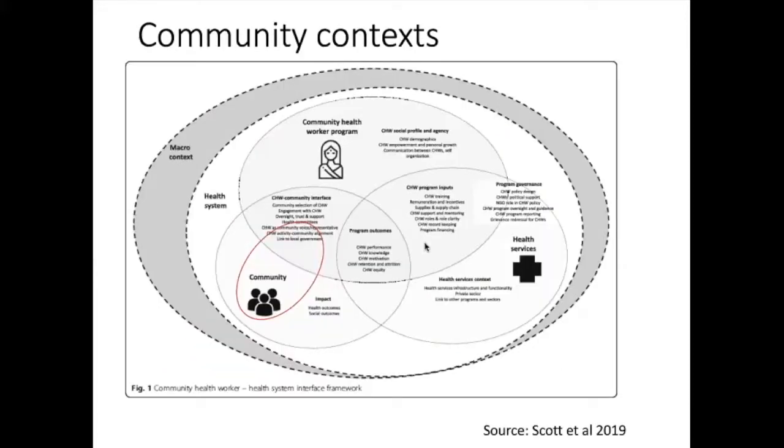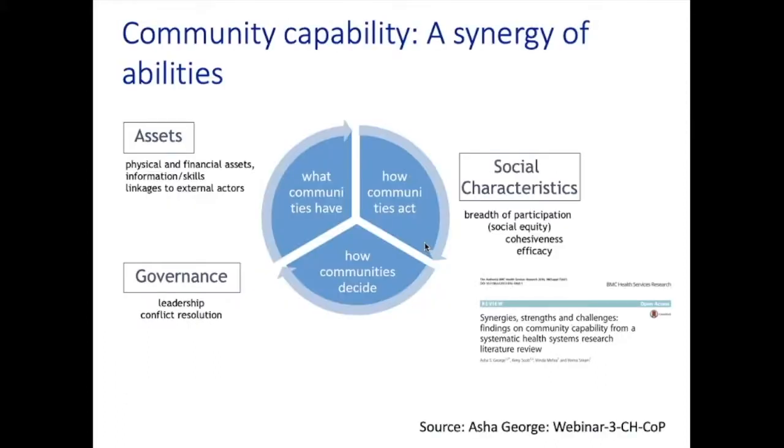So the second element of context is in relation to communities. In fact, the Collectivity devoted a whole webinar on this a few months ago, examining questions of the community health system, what it is, and how to think about it.